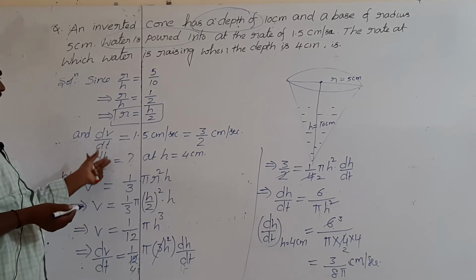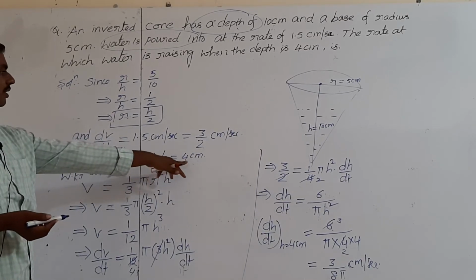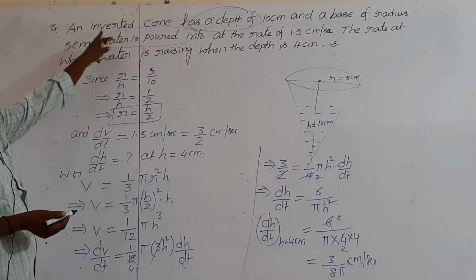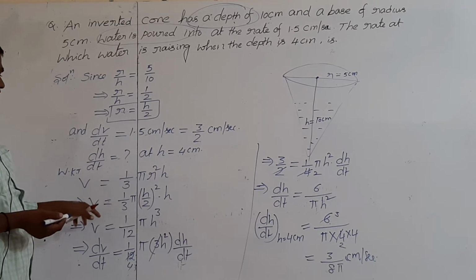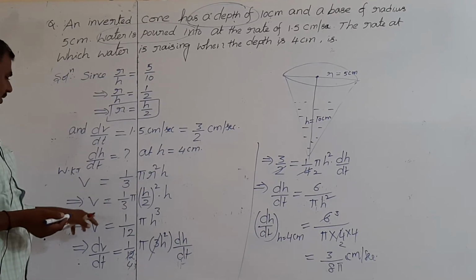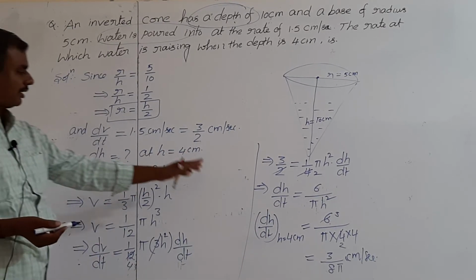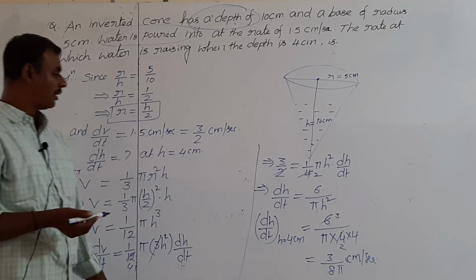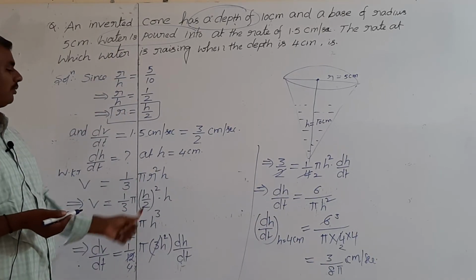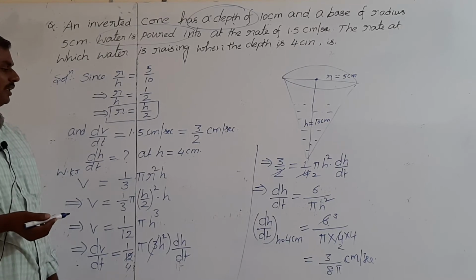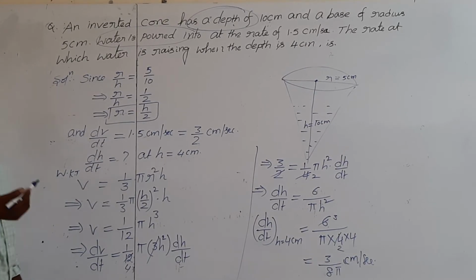So volume is given, and we find height at the instant value of 4 centimeters. Find the volume of a cone using the formula, apply differentiation, then find the rate of the water height at h equal to 4 centimeters. So this is the concept.